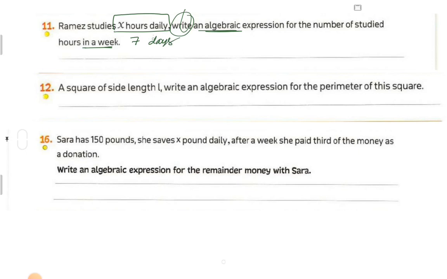If he studies X hours per day, and we have 7 days per week, so we have 7x. As an example, if x equals 2 hours per day, so per week he will study 7 by 2 equals 14 hours.